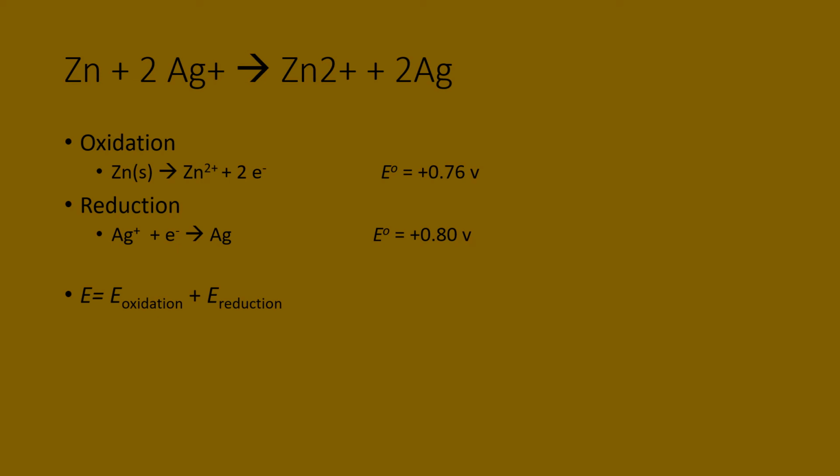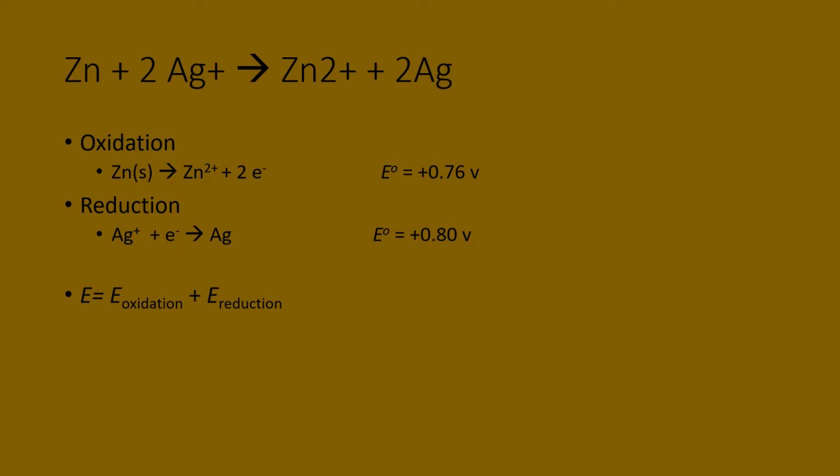Okay, so if we look at this, in redox reactions, something's being reduced and something's being oxidized. Something is gaining electrons and something is losing electrons. So the oxidation is losing the electrons.